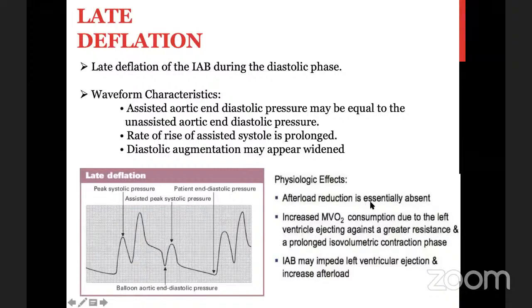So afterload reduction is essentially absent. This is the physiological effect: increased myocardial oxygen demand and consumption due to the left ventricle ejecting against greater resistance and a prolonged isovolumetric contraction. So it may impede left ventricular ejection and increase the afterload.